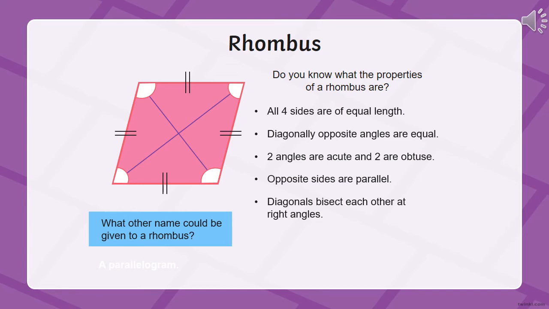Remember, an acute angle is less than 90 degrees and an obtuse angle is more than 90 degrees but no greater than 180. Opposite sides are parallel and diagonals bisect each other at right angles. So what other name could be given to a rhombus?